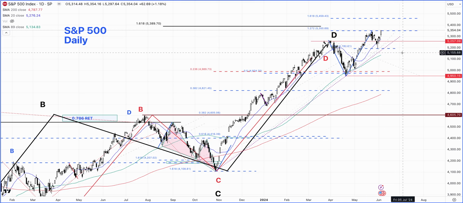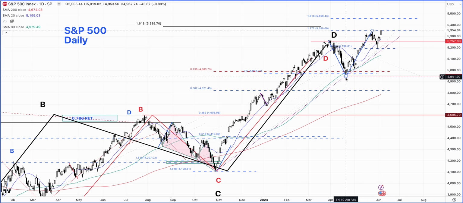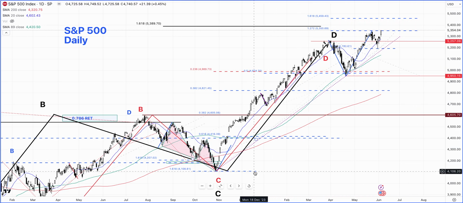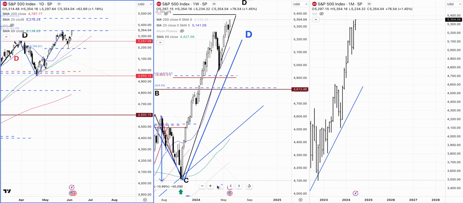So in strong trending markets, 38.2% retracement is really key, because finding support from 38.2% retracement suggests the trend is strong. So an ABCD just could see us moving much higher. So for now, shorter term, just watch till 54.60. These are the kind of levels that we'll be taking a look at.